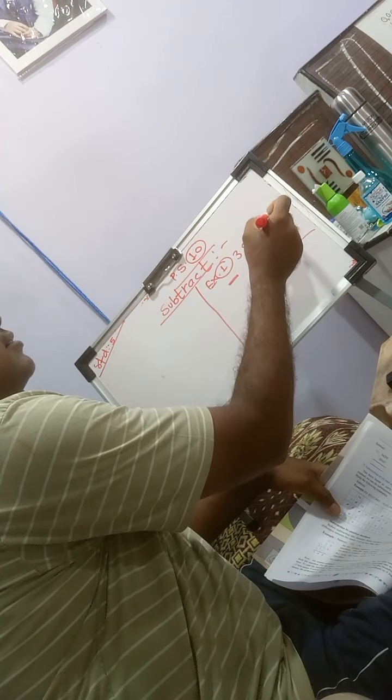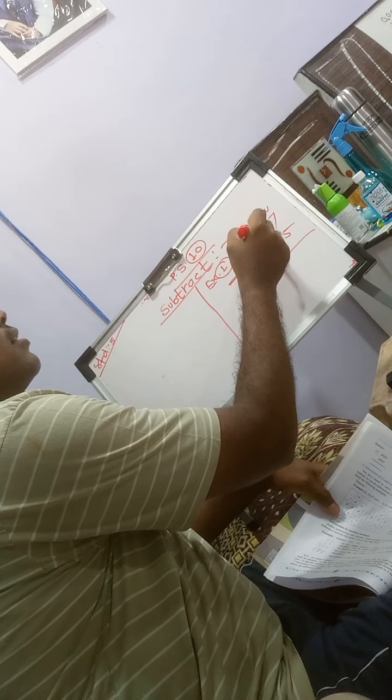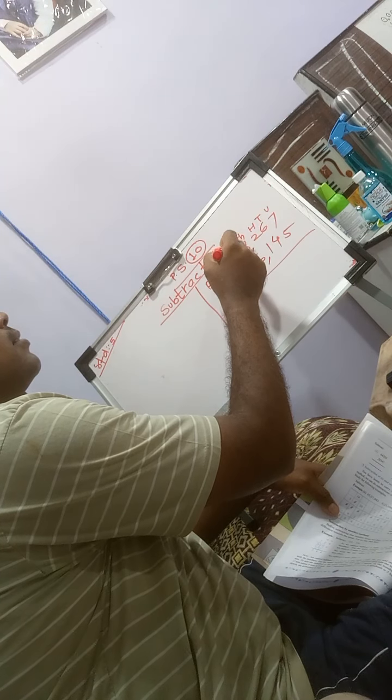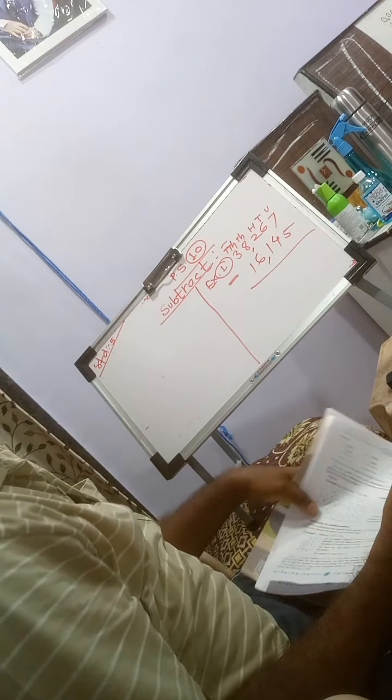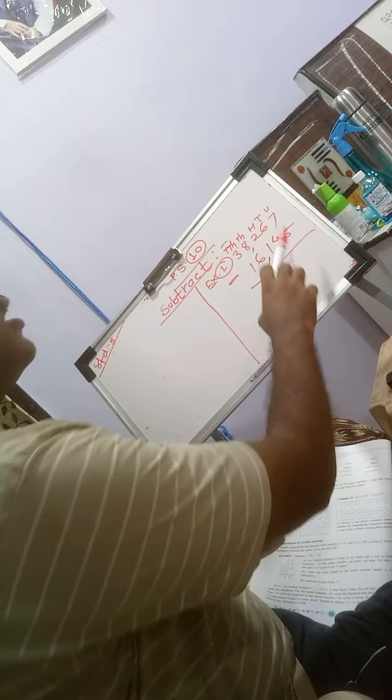From here, this is a unit place, this is a tens place, this is a hundred place, this is a thousand place, this is a 10,000 place. Now you have to subtract 5 from 7.